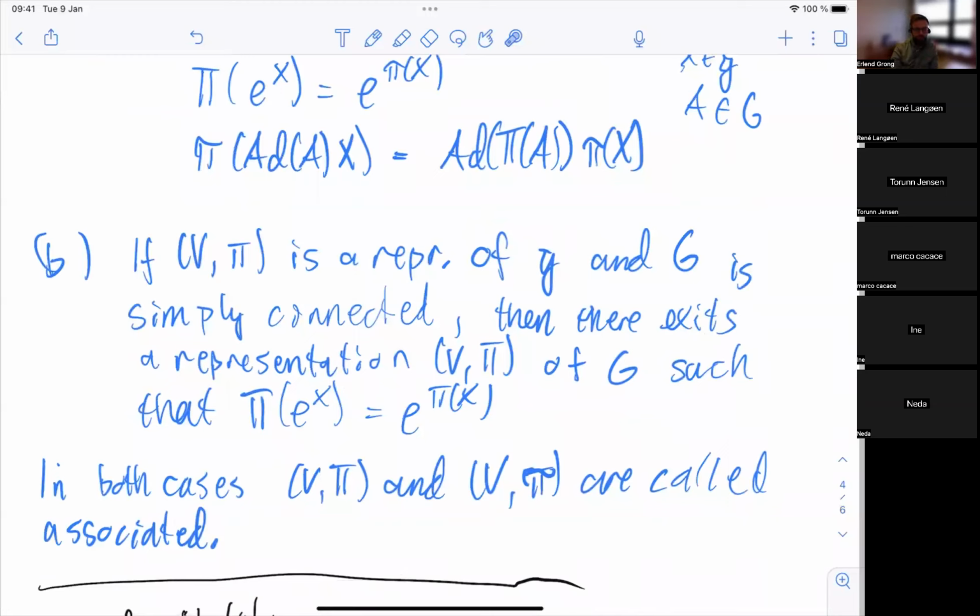So I think we saw that in the other course, that if you had a Lie group homomorphism, then it was associated with one unique Lie algebra homomorphism. And then conversely, if you are connected, then you have uniqueness the other way around.